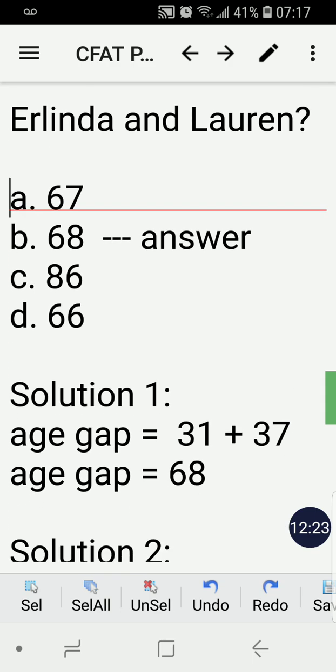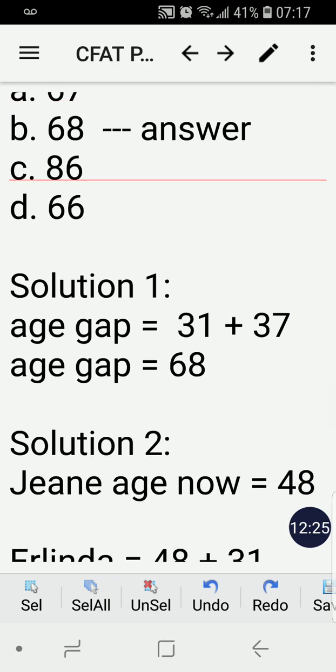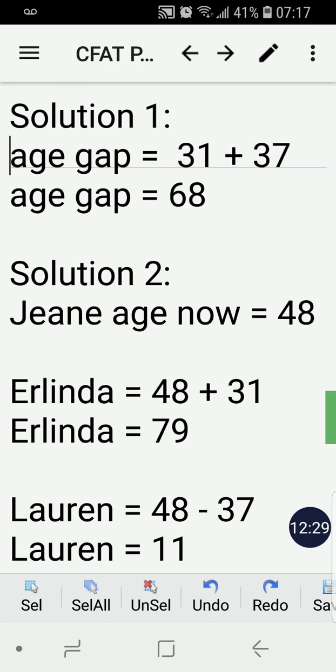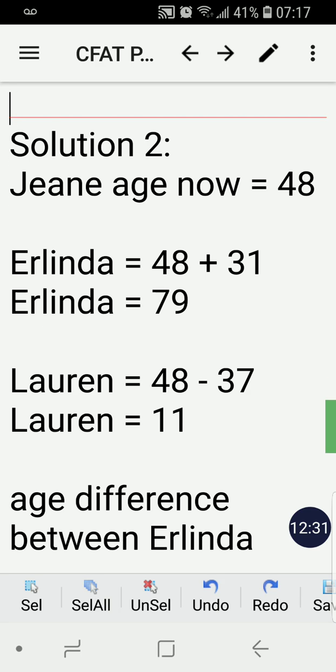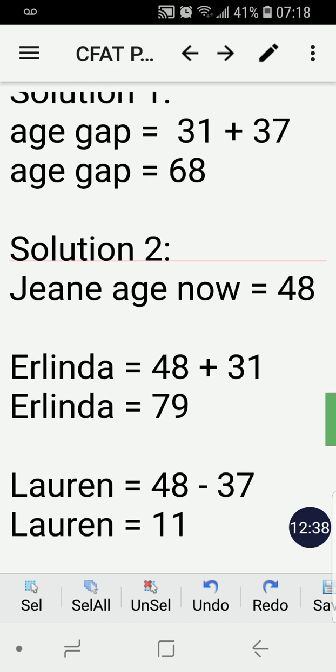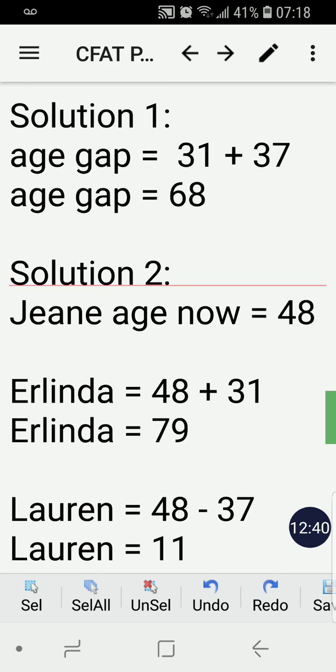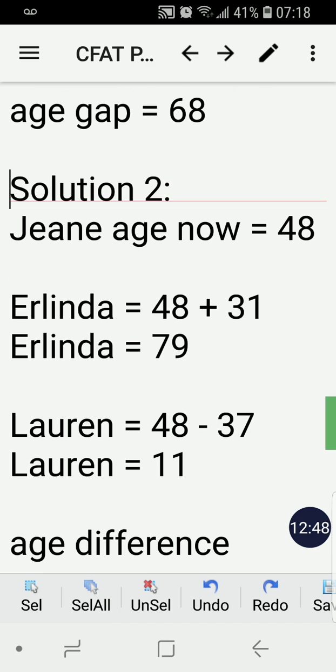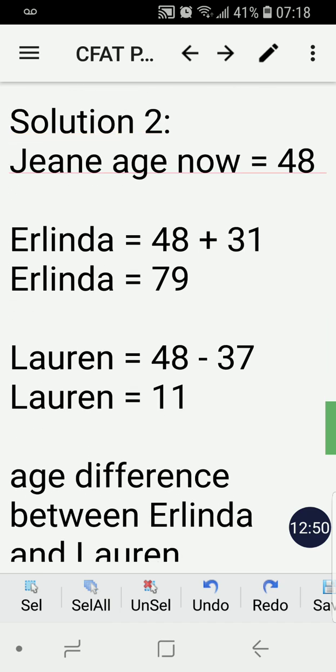Okay, so we just add 31 plus 37, we get 68. Now solution number 2, I don't know which one works for you, which is the easier one to understand, but I just provided solution number 2 for more options to solve.